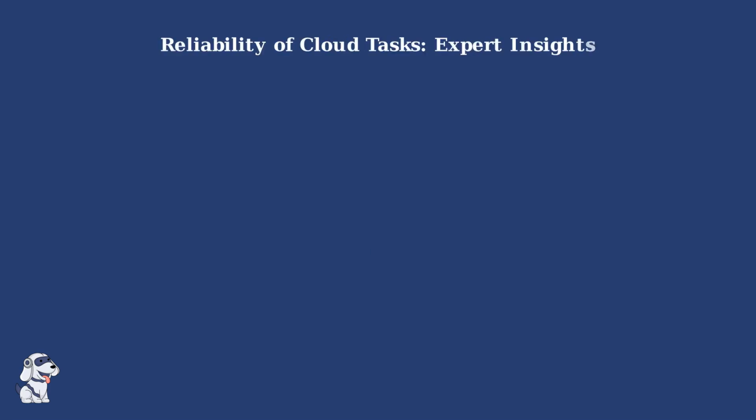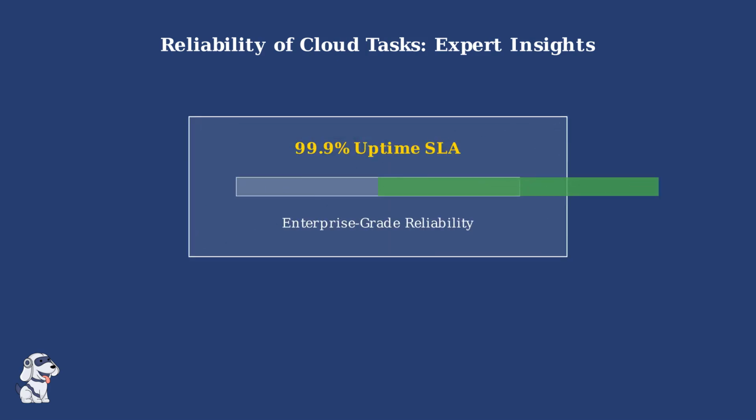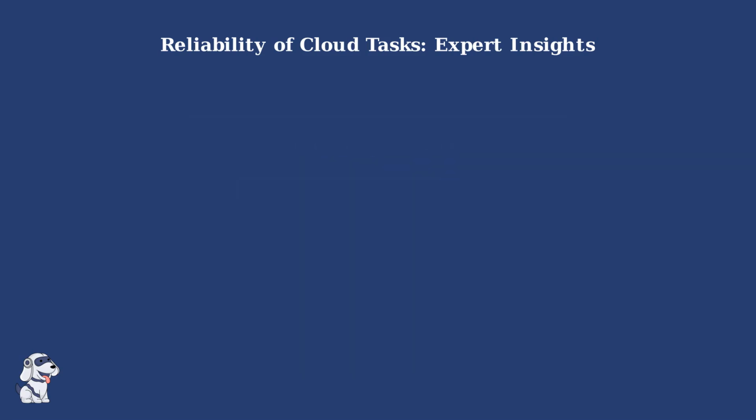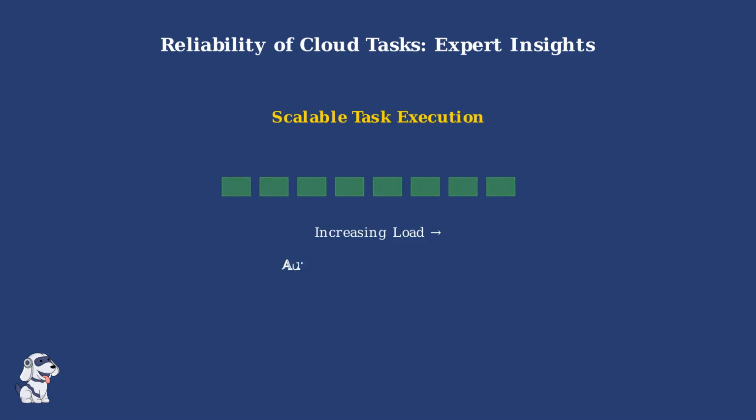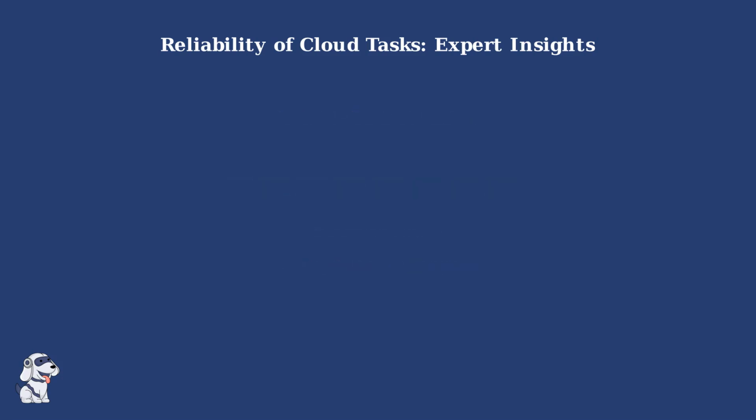Cloud Tasks provides enterprise-grade reliability with comprehensive mechanisms to ensure consistent task execution even under demanding conditions. Cloud Tasks maintains a 99.9% uptime service level agreement, demonstrating its commitment to reliable service delivery. The service ensures scalable task execution even in high-load environments requiring auto-scaling, automatically adjusting capacity to meet demand.